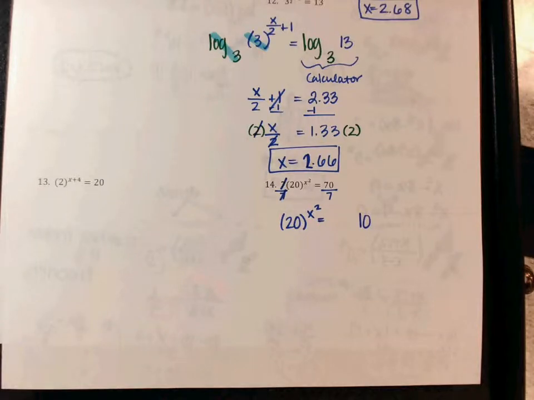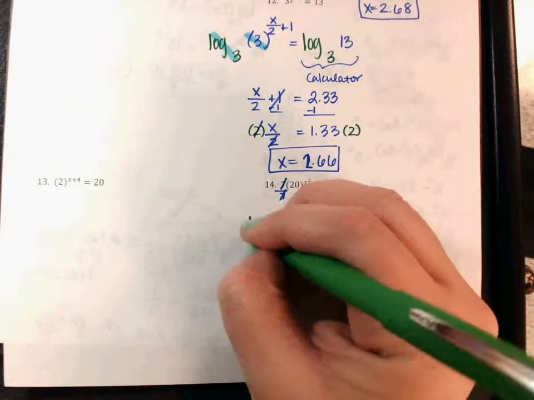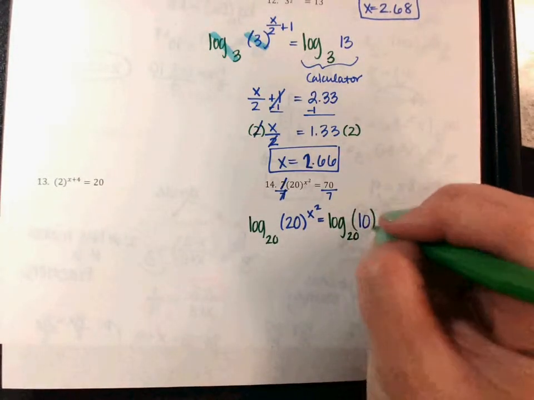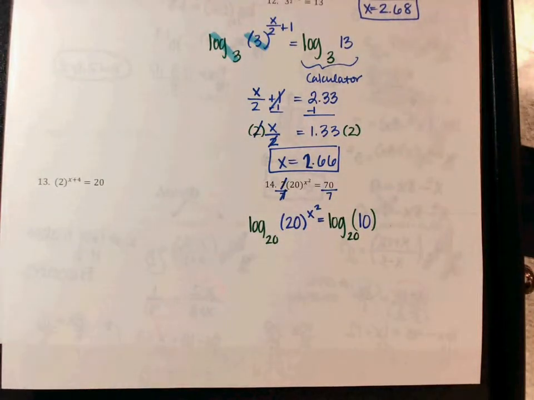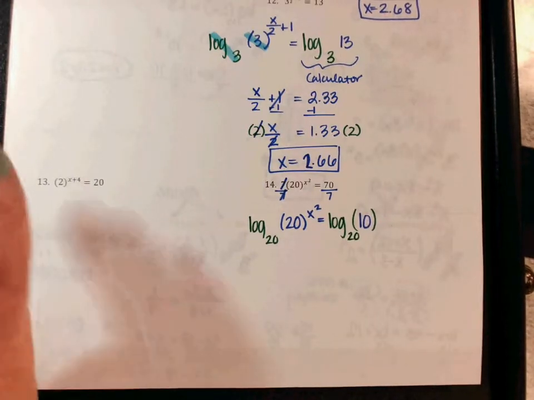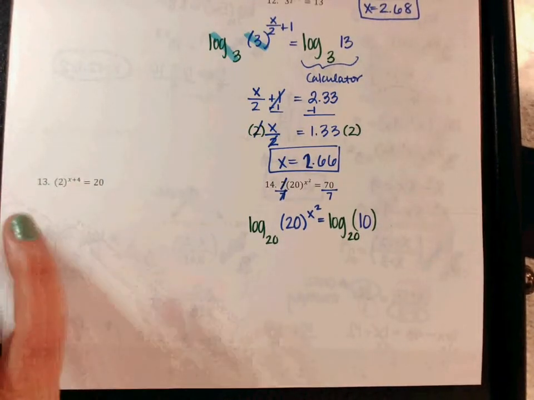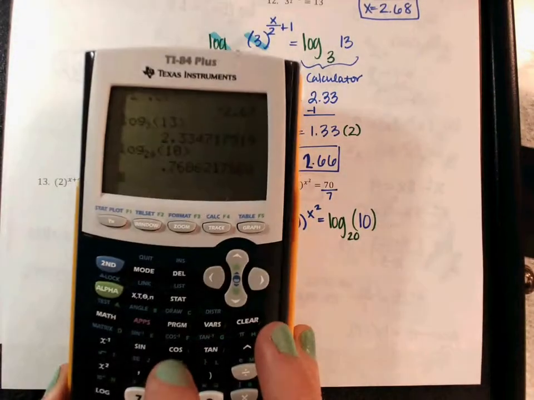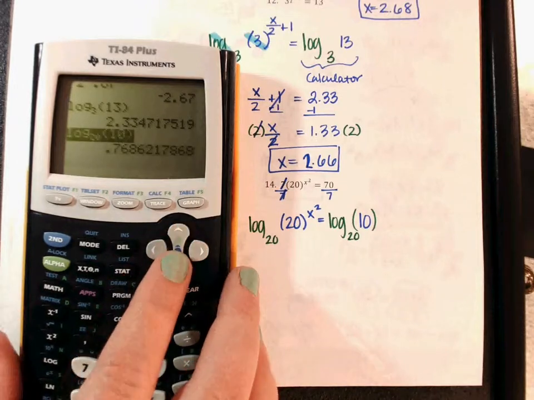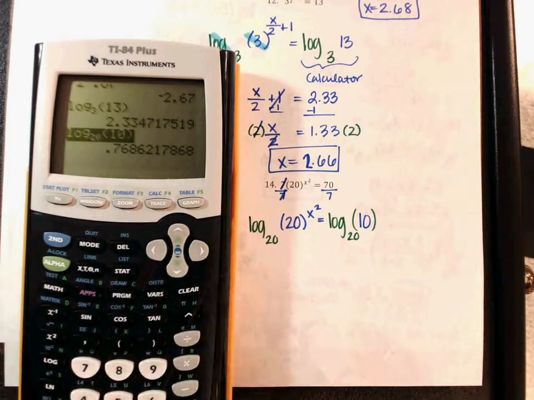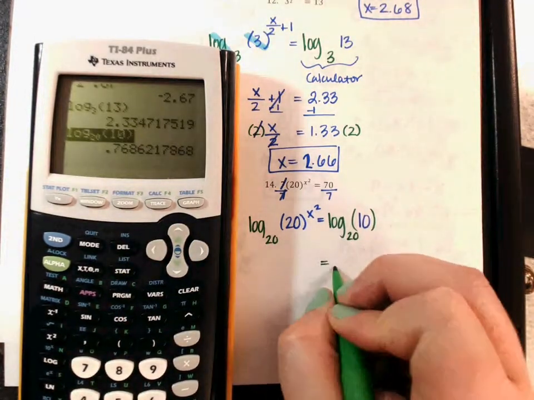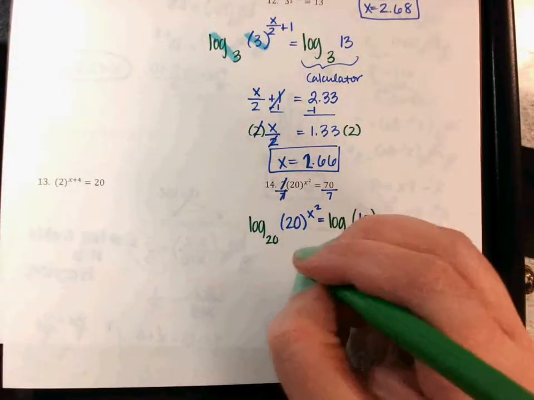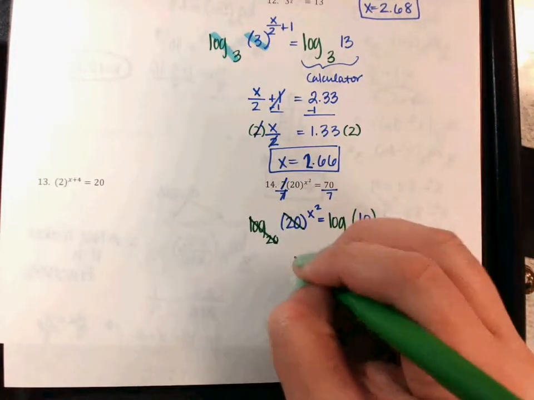Then from there, we're going to log base 20 both sides. And when you log base 20, the number 10, you get 0.768, which is going to be 0.77. Now, on the other side, my log 20s cross out. I have an x squared.